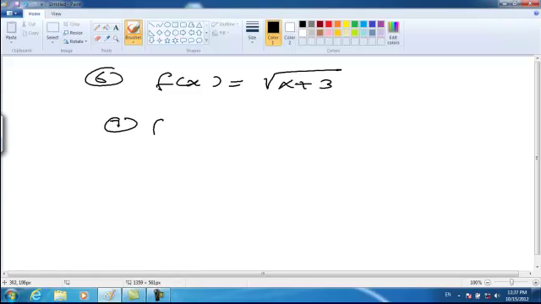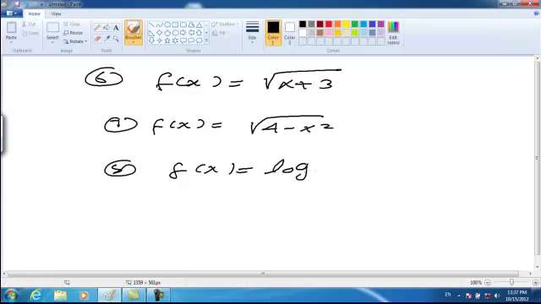Number 7, f of x equals square root 4 minus x square. Number 8, f of x equals log x minus 3.